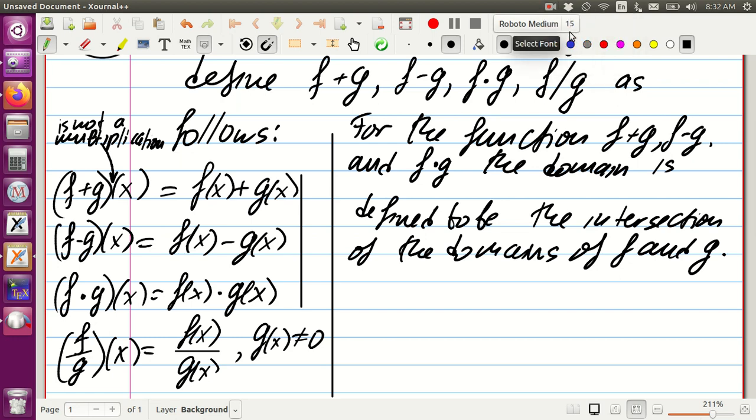Now we would like to define the domain for the quotient of f and g.